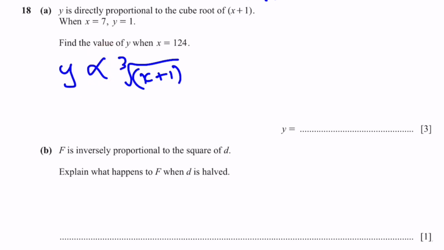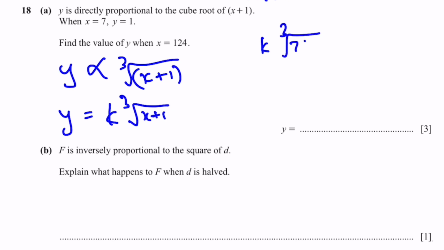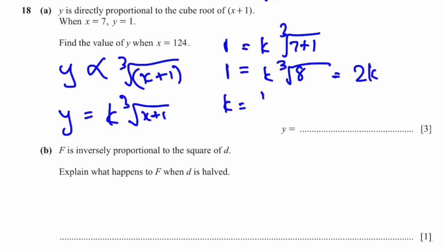Now we can write this as y equals k into the cube root of x plus 1. Now we substitute the values. So when x equals 7, that means k cube root of 7 plus 1. That's equal to y, which is 1. So 1 is equal to k into the cube root of 8, which is equal to 2k. That means k is equal to half.